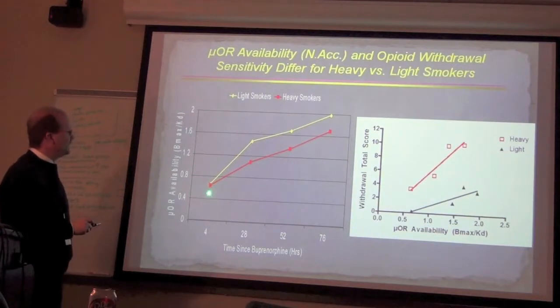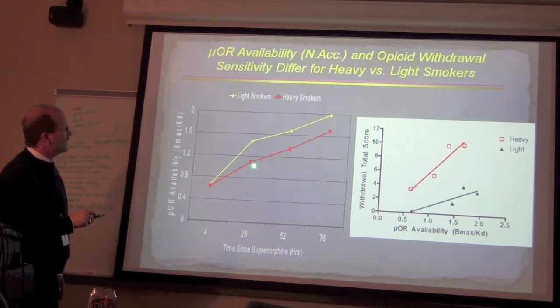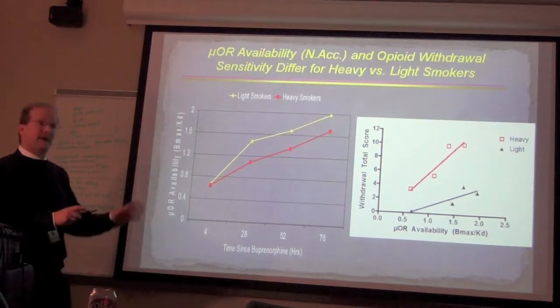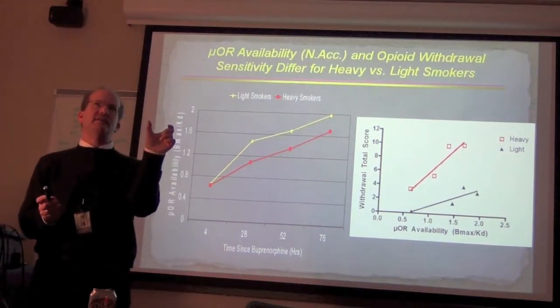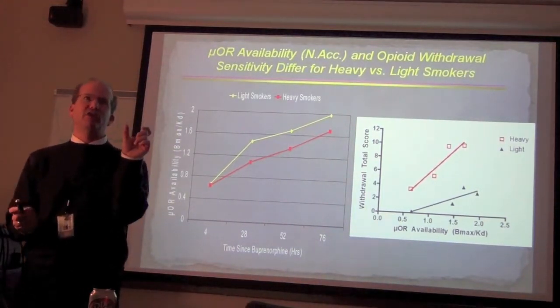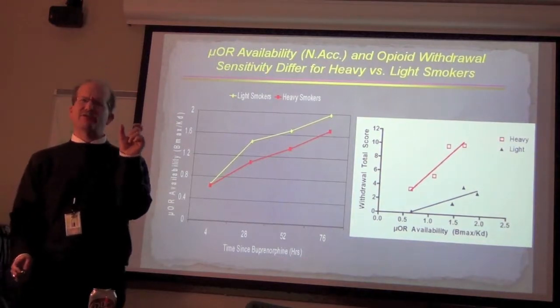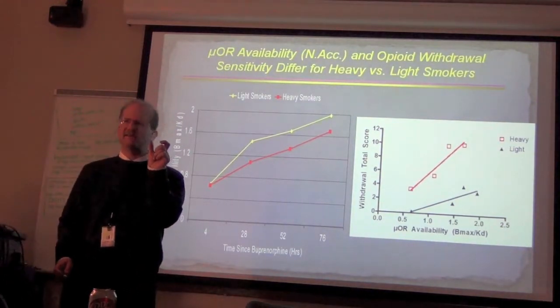And interestingly, at 4 hours, there wasn't a difference in mu receptor availability, but at later time points, heavier smokers showed lower availability relative to light smokers. And by the way, smoking was restricted. I think their last cigarette was allowed maybe 1 to 2 hours before the scan. I forget exactly how much, but in that time interval.